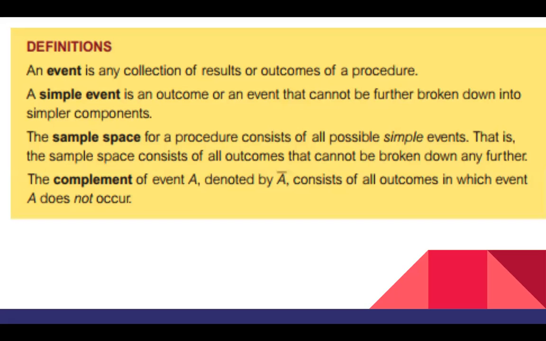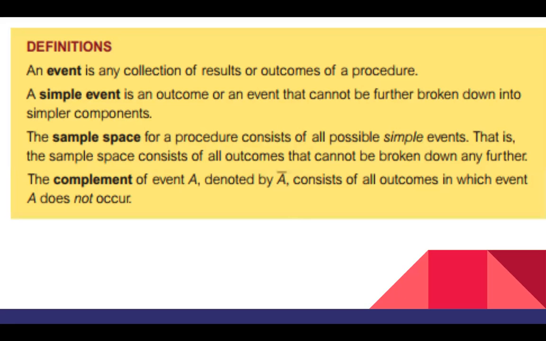The sample space for a procedure consists of all possible simple events. That is, the sample space consists of all outcomes that cannot be broken down any further. So the sample space for rolling a die would be any number, 1 through 6, right? Any integer. And then the complement of A, denoted by A bar, which this symbol is identified as the complement, consists of all outcomes in which an event does not occur, right?